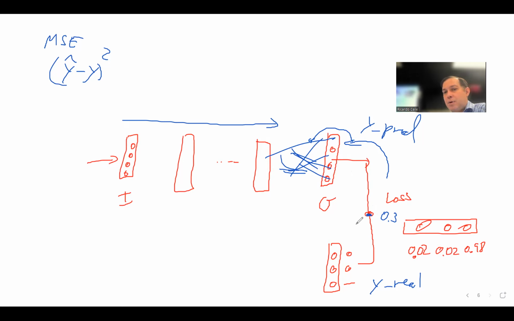So these numbers that you calculated, 0.3 or whatever, that's what backpropagates now. So you backpropagate that information to update the weights. And that's an algorithm that uses calculus. Do you remember?